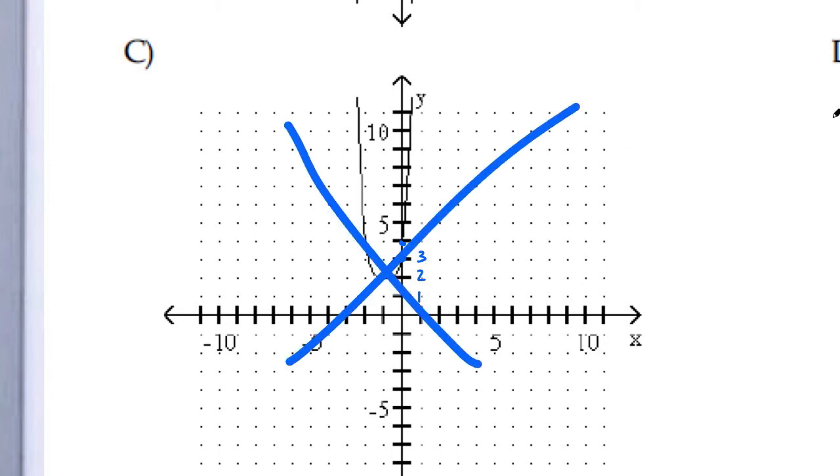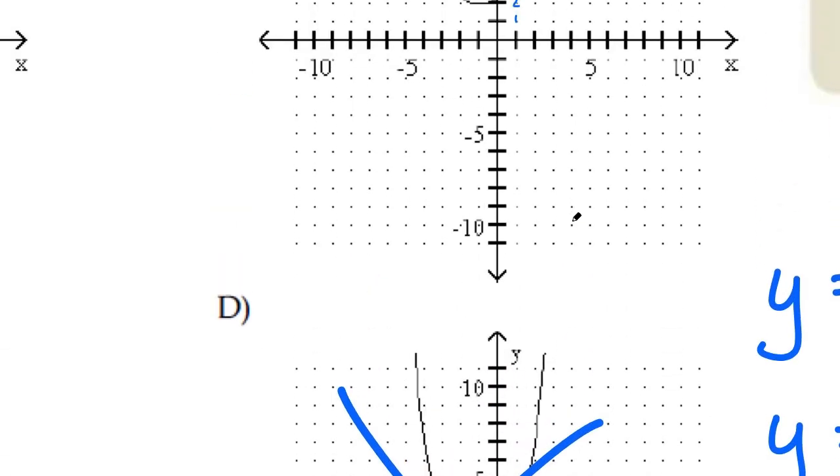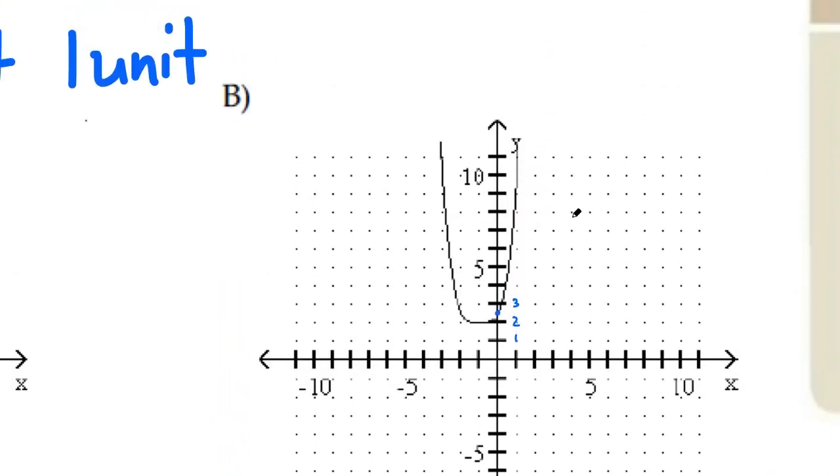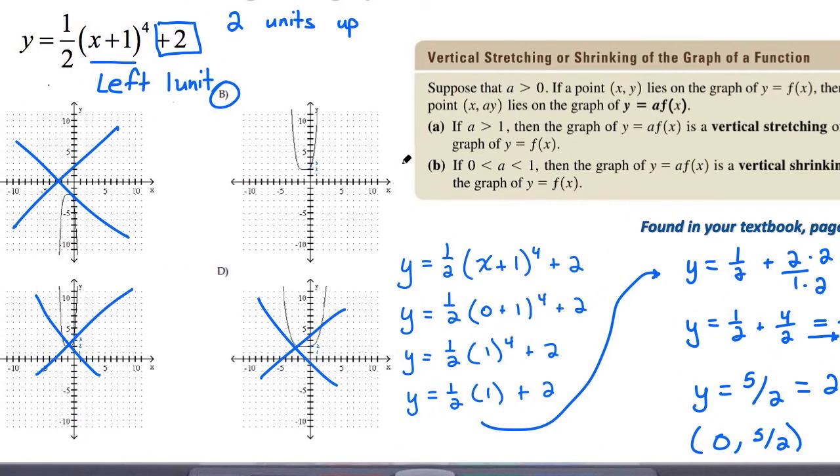So we can go ahead and get rid of graph C, and let's look at graph D. Again, if this is 1 and 2, we can see this graph is crossing at what appears to be 2. Again, not 2.5, which is what we're looking for. So we can exclude D, and that leaves graph B as our only option. So we'll say graph B, and I'll try to zoom out a little bit.